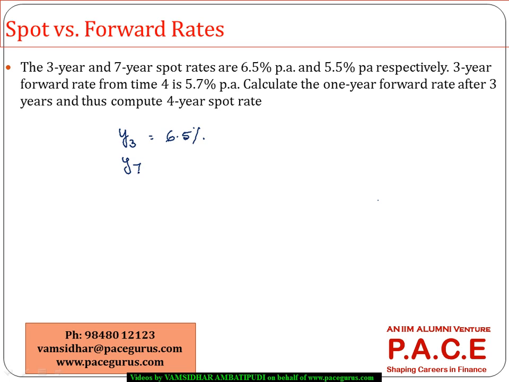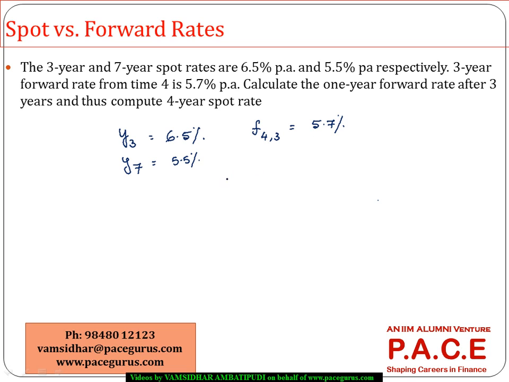And Y7, the 7-year spot rate, is around 5.5%, right? A 3-year forward rate from time 4, F4 comma 3, is 5.7%.